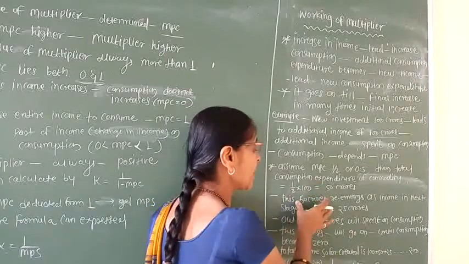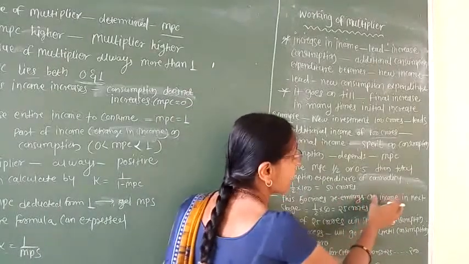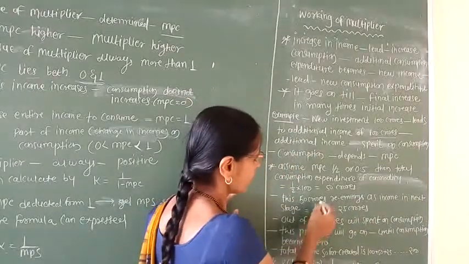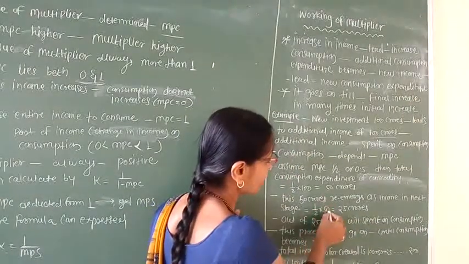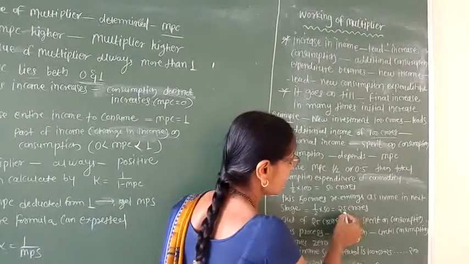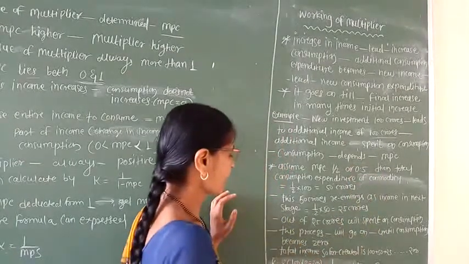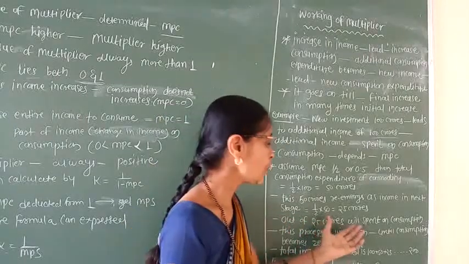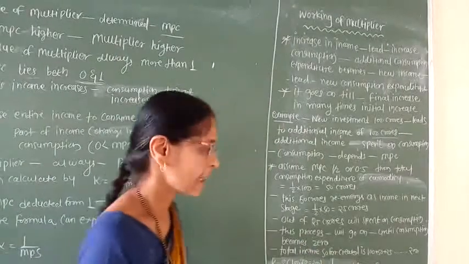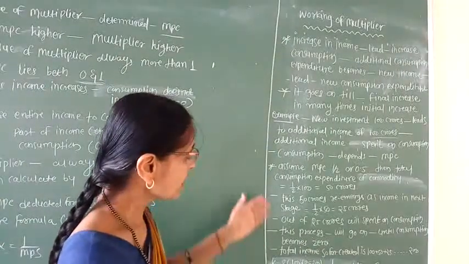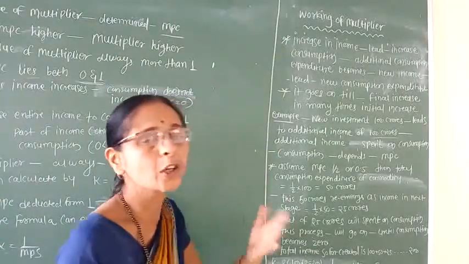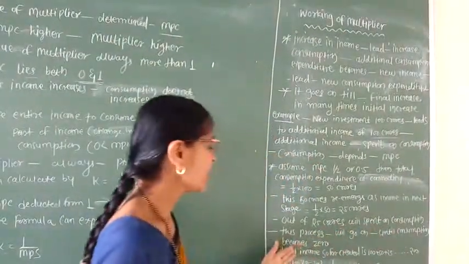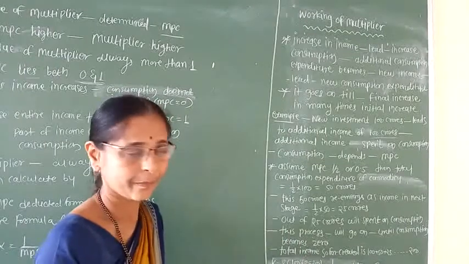Then 1 divided by 2 into 50 is 25 crores, which will be spent on consumption. This process goes on until the consumption becomes 0.